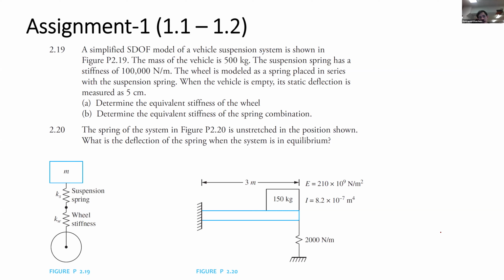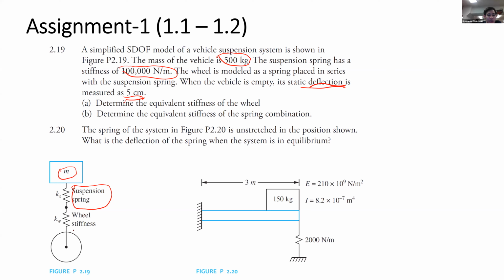And yeah, for the first problem, they give the spring stiffness and the mass, and they tell us that in equilibrium the system deformed by 5 centimeters.